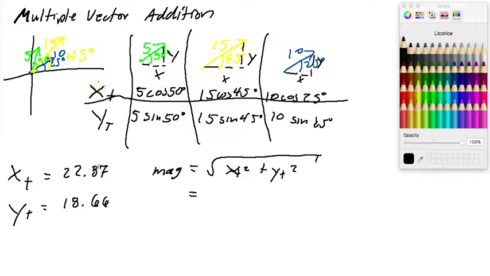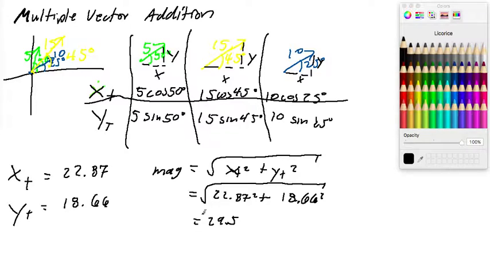Now, it would be the square root of 22.87 squared plus 18.66 squared. And that gives us 29.5. This is the magnitude of our new vector.